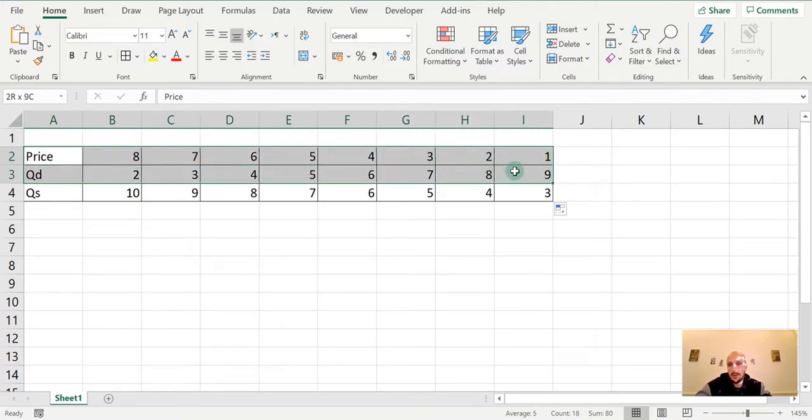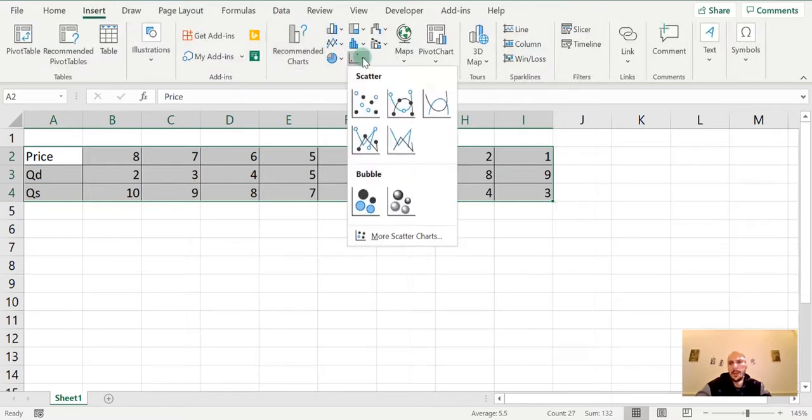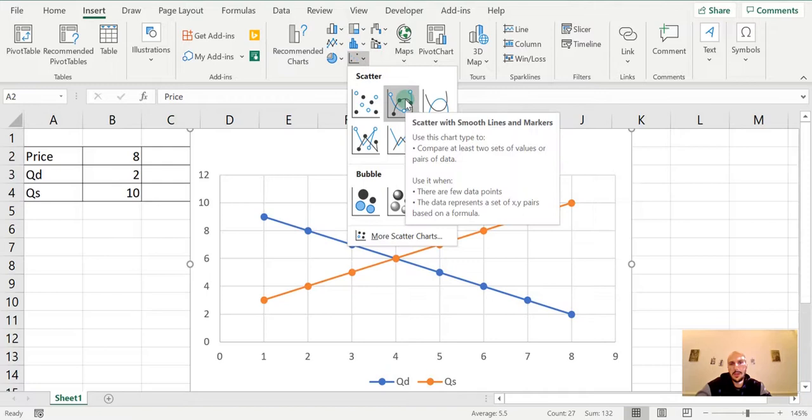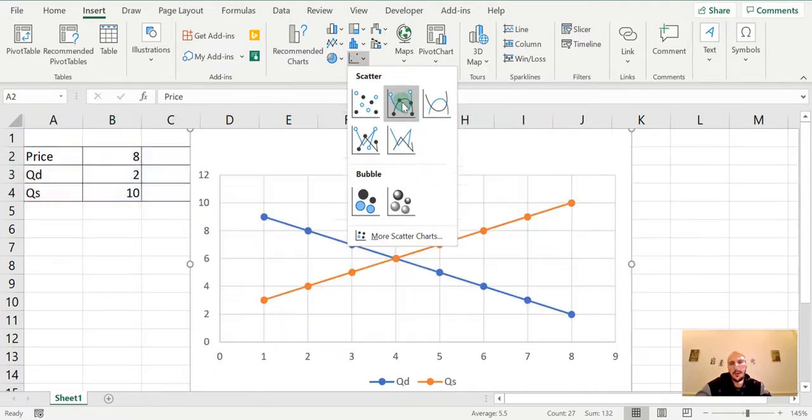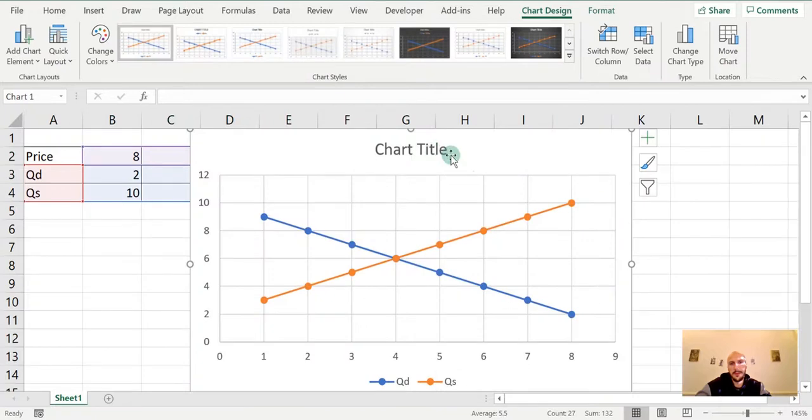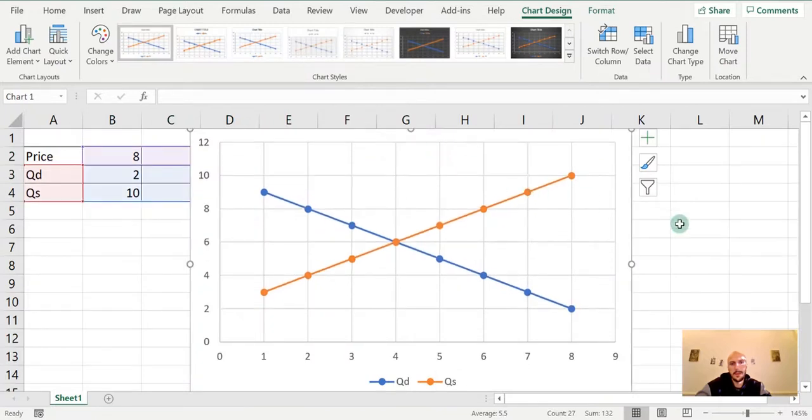And usually we can do the following: we select price and quantity here, let's say price and quantity demanded. Now you can select all of these three and then go to insert. Here you choose scatter plot and use this one with points, and you will find out that by clicking here, Excel has already plotted the graph.